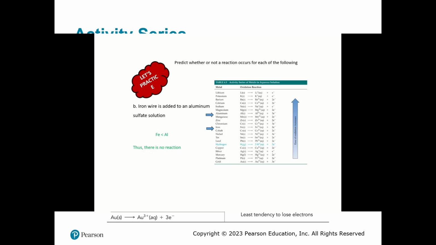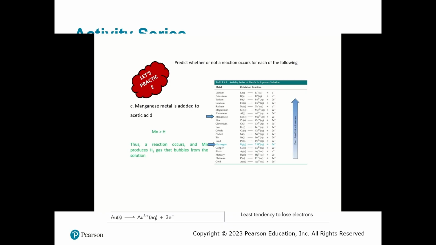When you go to B, iron added to aluminum sulfate, iron is not as strong as aluminum, so iron will not be able to displace aluminum, so there will be no reaction. Okay, here we have another one. Manganese metal added to acetic acid.